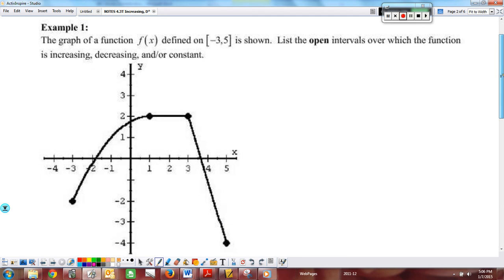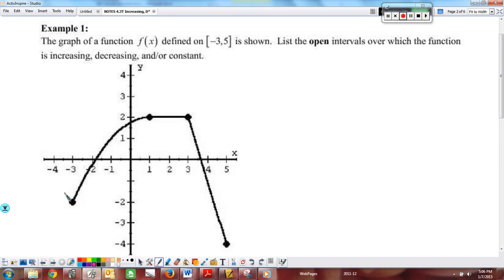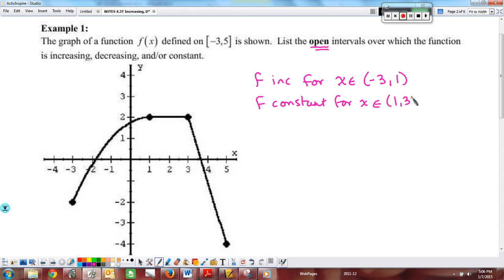So if we were in pre-calculus, I could give you the graph of a function and then have you list the open intervals over which the function is increasing, decreasing, or constant. And you would say f increases for x in the interval from -3 to 1. F is constant for x in the interval of 1 to 3.